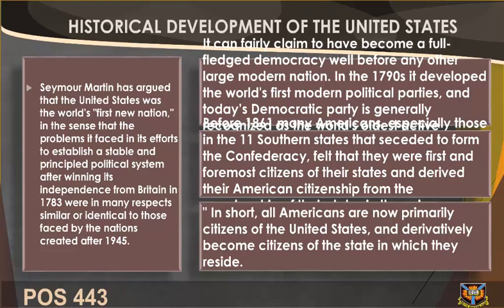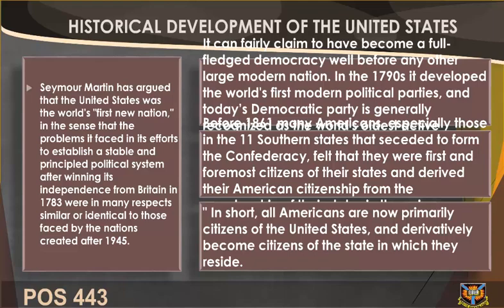It can fairly claim to have become a full-fledged democracy well before any other large modern nation. In the 1790s, it developed the world's first modern political parties, and today's Democratic Party is generally recognized as the world's oldest active political party.